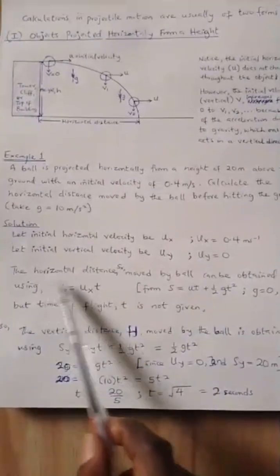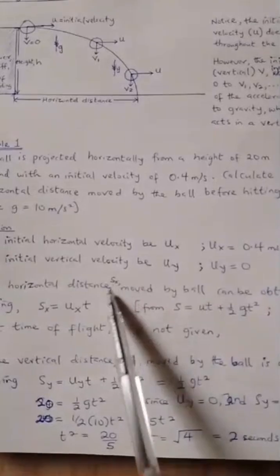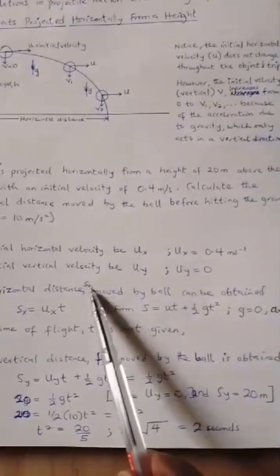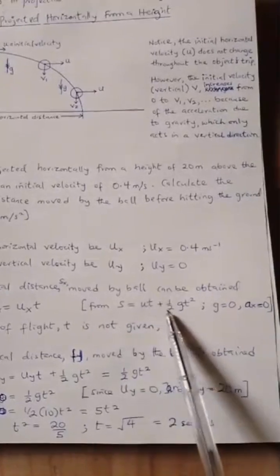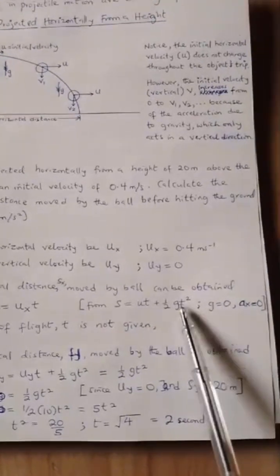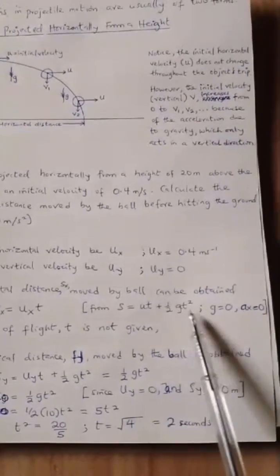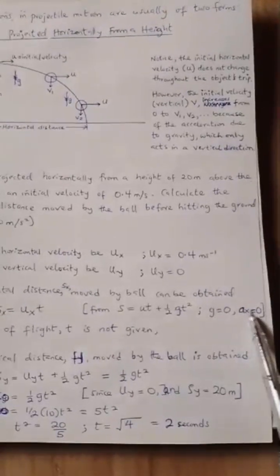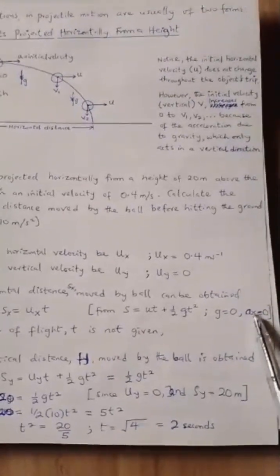That horizontal distance, I can call it sx. Our a has become g because our acceleration is due to gravity, and it's 0 because gravity doesn't have an effect on horizontal motion.